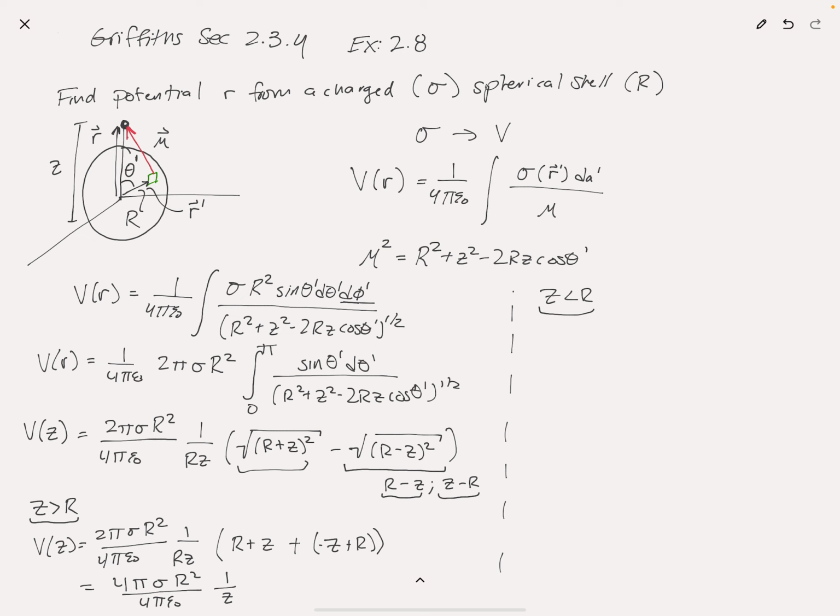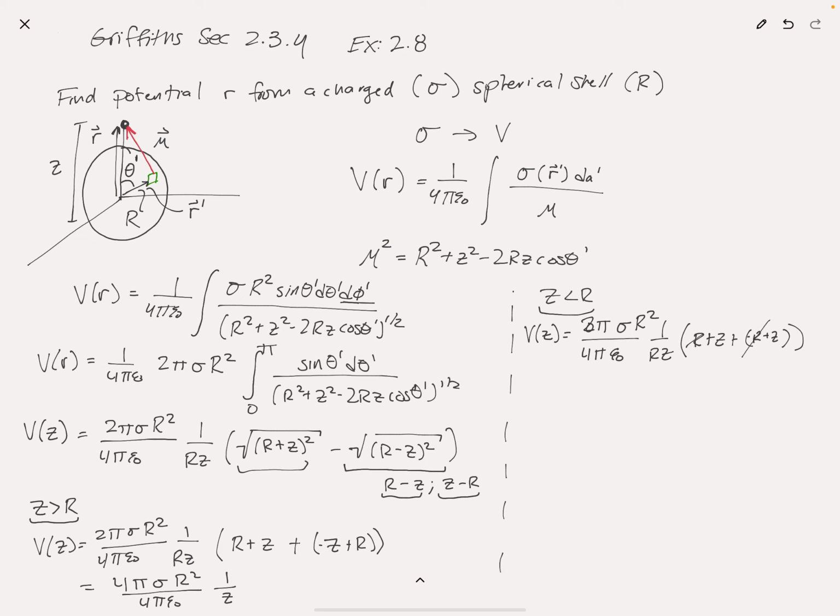Okay, so for our other case where we're inside of our sphere, I have to take the other root. So V of z gives me 2 pi sigma r squared over 4 pi epsilon naught, 1 over rz, times r plus z, minus, now I have to take the other root, the one that's positive in this scenario, r minus z here. Distribute that in.